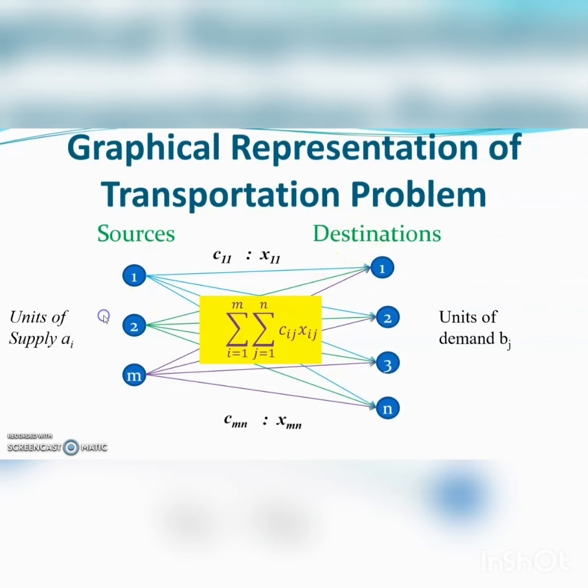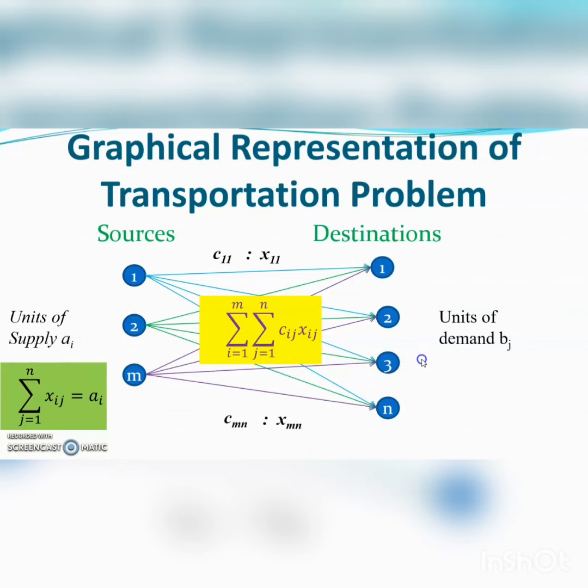So we can write summation j equal to 1 to n Xij is equal to Ai. That is, total units delivered from the source Ai must be equal to summation Xij over j equal to 1 to n.